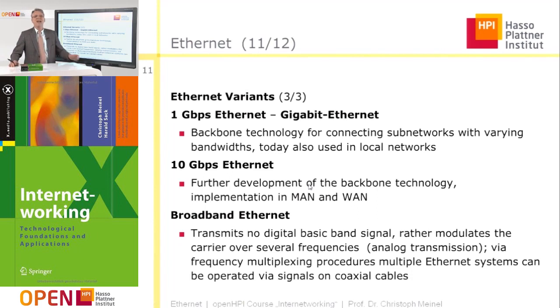So it's an analog transmission compared to the other, which was a digital transmission. And the mechanisms behind it are frequency multiplexing procedures for multiple Ethernet systems, which can transmit their signals in parallel via such a coaxial cable.